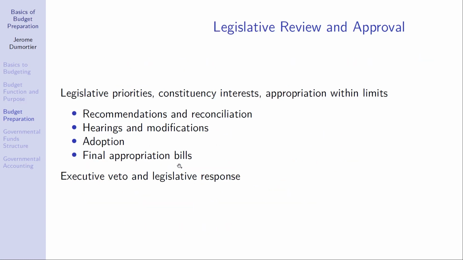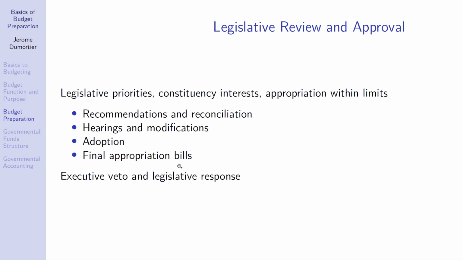Once the executive branch has finished its budget preparation, it submits that budget to the legislative branch. That branch may have different priorities or may take more into account the interests of the individual constituents. Note that it may also look at whether the appropriations, or what is actually allowed to be spent, are within limits.